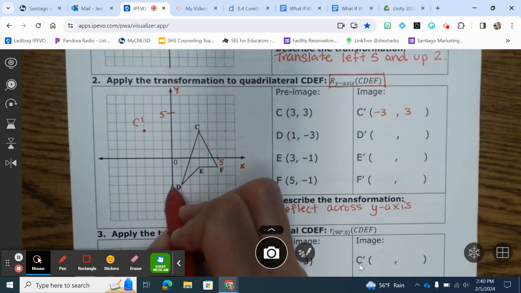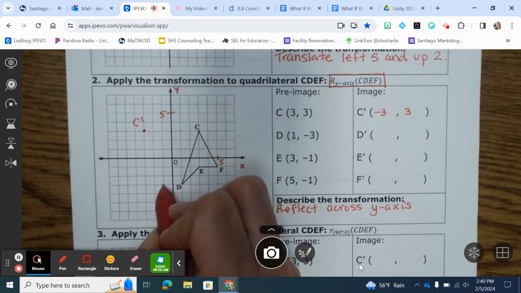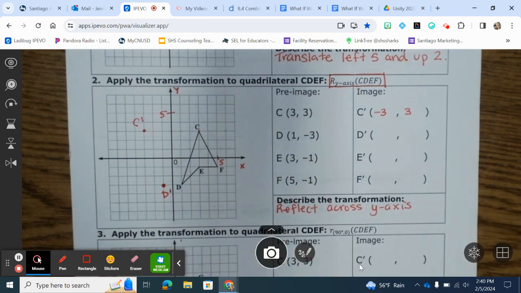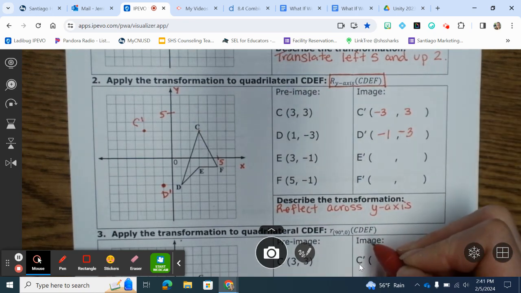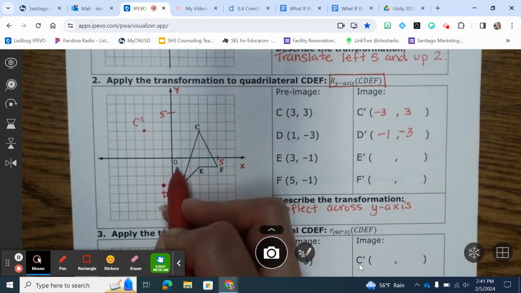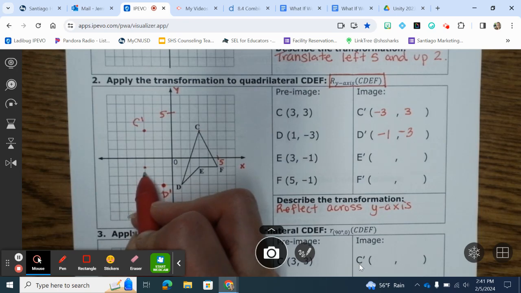And same thing with D. Right now I am 1 unit away from the y-axis, so I'm going to go 1 unit in the opposite direction. Here is D prime. That coordinate is -1, -3. E is currently 3 units from the y-axis, so I'll go 3 units out.